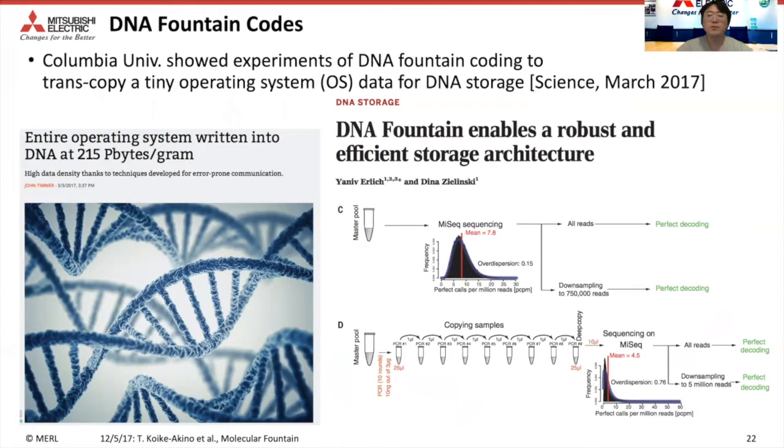For example, in 2017, Columbia University showed an experiment of DNA fountain codes to transfer a tiny operating system for DNA storage. This may realize 200 petabytes per gram. The error correction capability of fountain codes can protect the entire operating system data from errors.